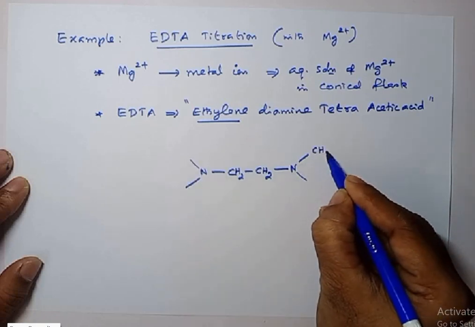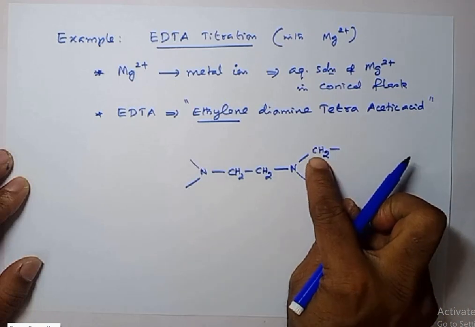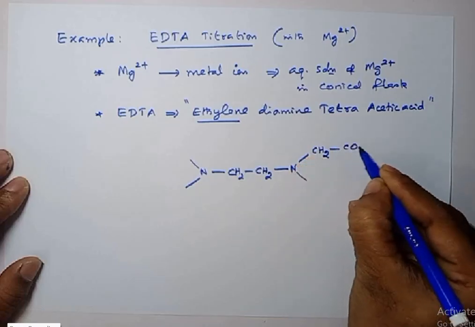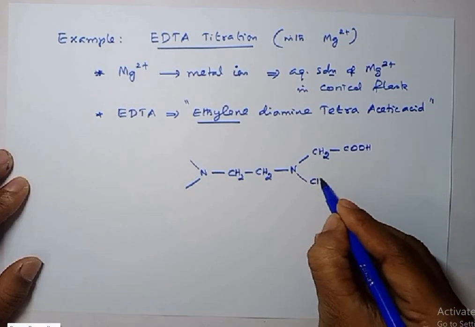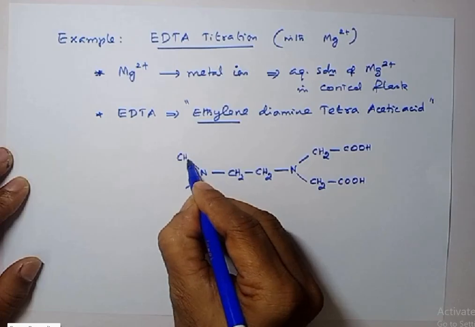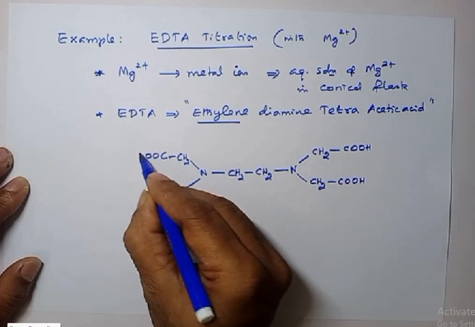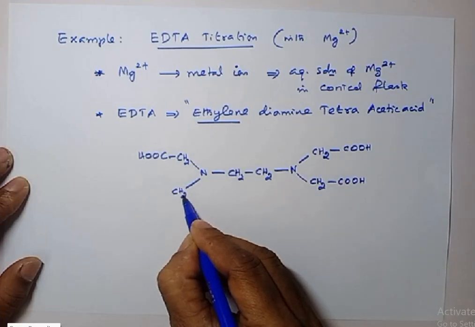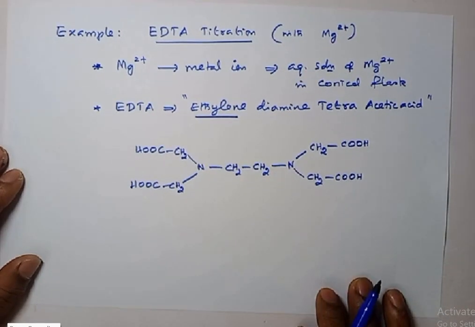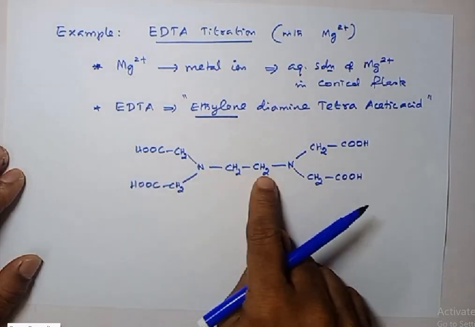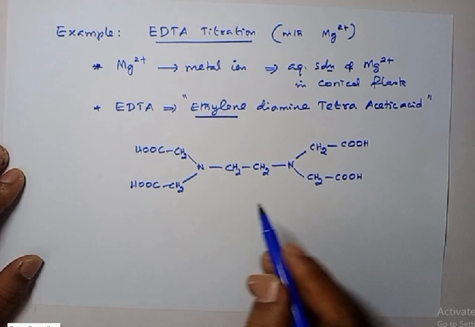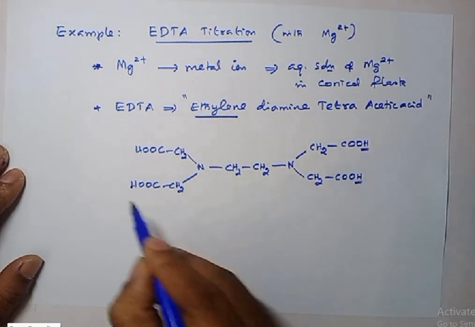I can write acetic acid, CH2, remove one hydrogen and connect it to the nitrogen: CH2COOH, CH2COOH, CH2COOH, then CH2COOH. This is the structure of ethylene diamine tetraacetic acid.